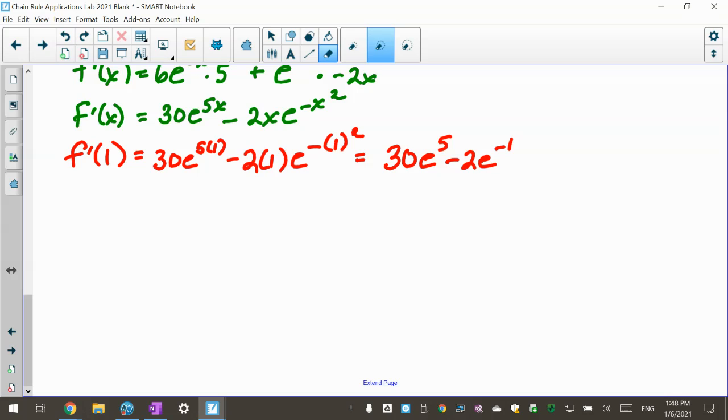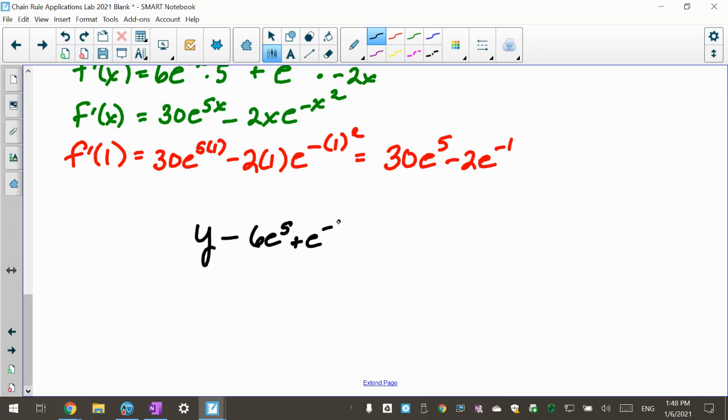So when I do the tangent line, I've got y minus, and this is what I have, 6e to the 5th. This is my y value from up above. e to the negative 1. So that's my y minus y1 equals, and then my slope is 30 e to the 5th minus 2e to the negative 1 times x minus 1.